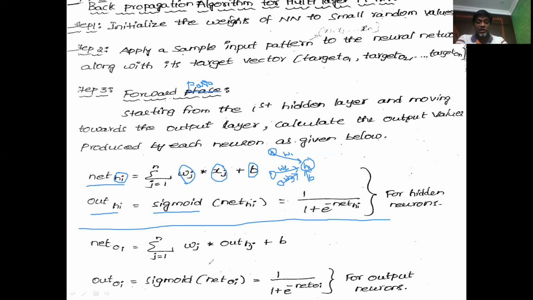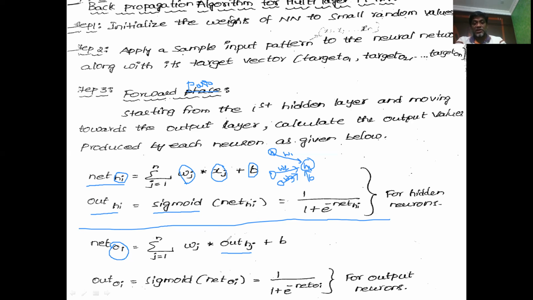Similarly, the output of neurons in the output layer will be calculated using net Oi, assuming that Oi is the output neuron i. The formula is similar to the previous one, except that the outputs produced by the hidden layers will be the inputs to the output layer. So it is out Hj into Wj plus b.